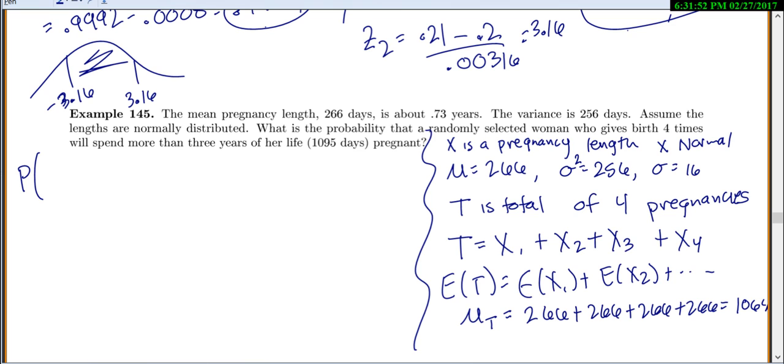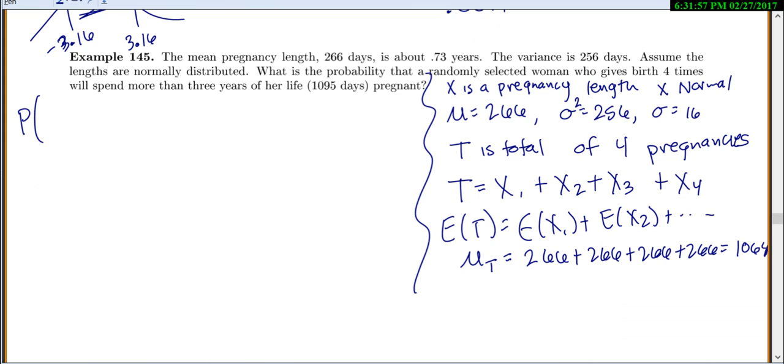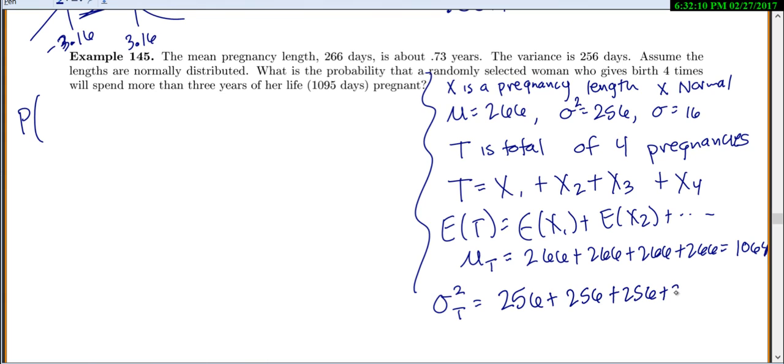So that's kind of the average for 4 pregnancies put together. Now, if you want the variance for T, don't we just add up each of the variances? So we would do 256 plus 256 plus 256 plus 256 gives me 1,024.